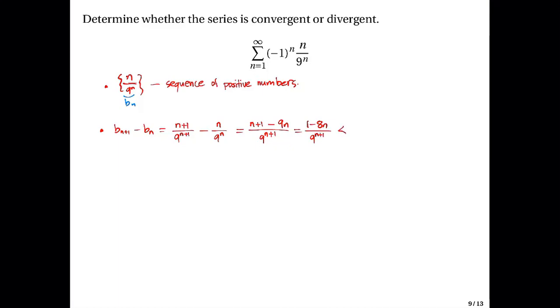And this is always negative for n greater than or equal to 1. When n equals 1, you have 1 minus 8 in the numerator. It's a negative number. So, for all n greater than or equal to 1, negative na ito. So, this means that your sequence Bn is decreasing.